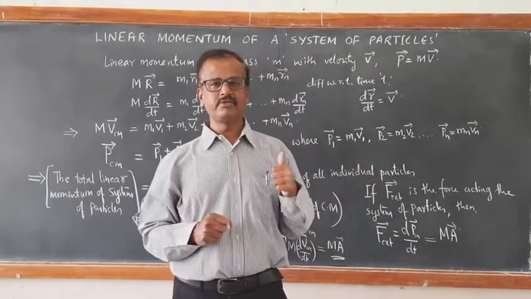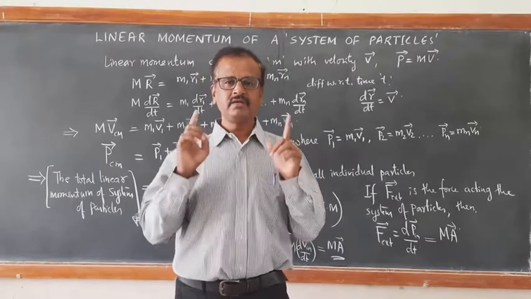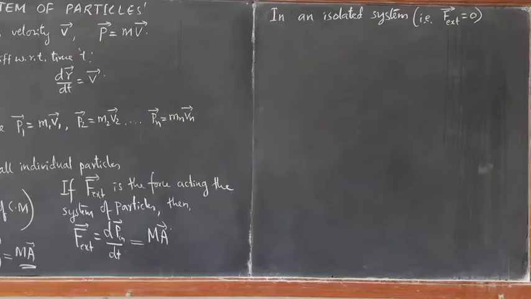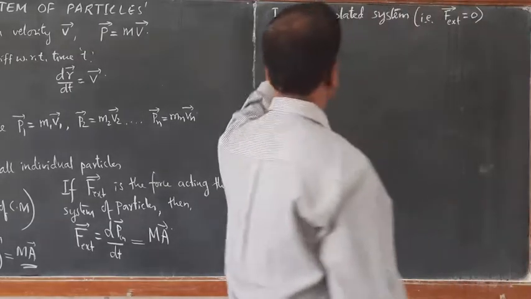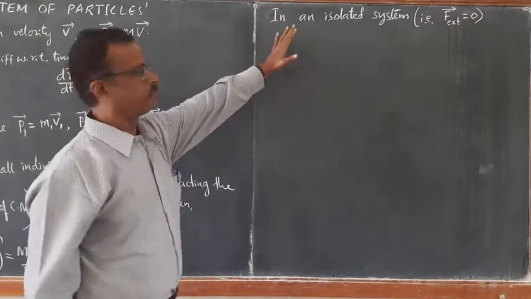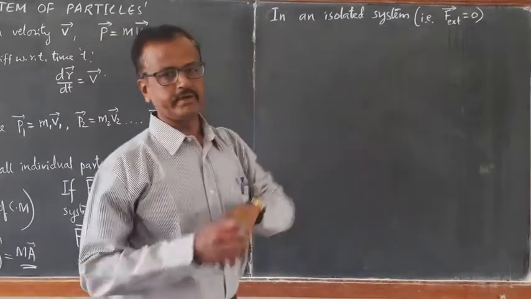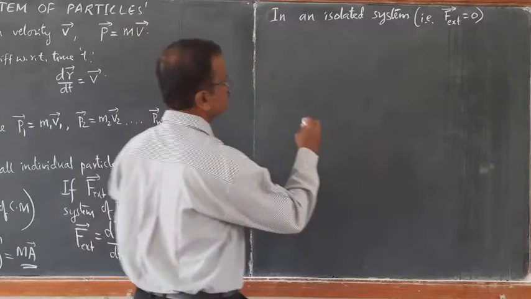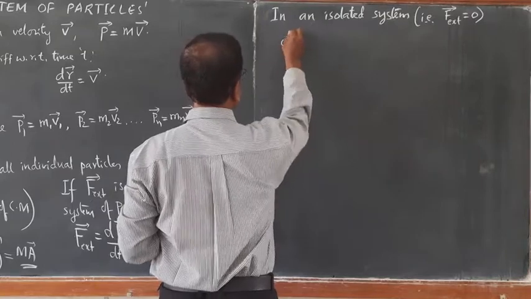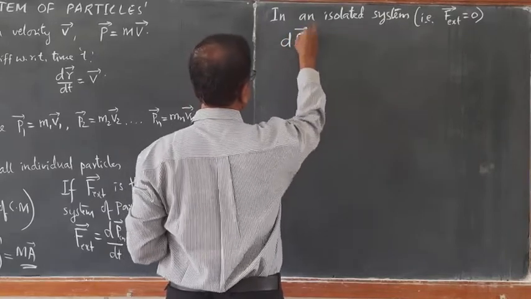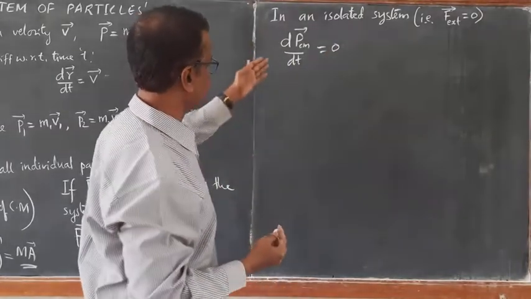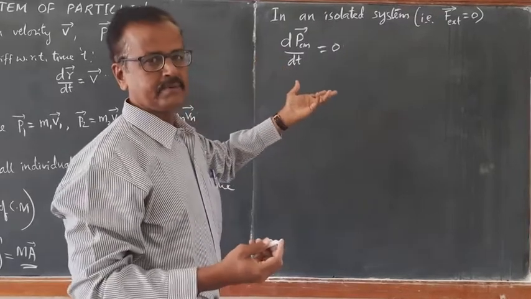Let us write the equation for conservation of linear momentum of system of particles. So look here, consider the system of particles is in an isolated system where there is no external force acting on it. When there is no external force acting on it, then F external is equal to 0. This implies dP by dt, which we just now got, dPcm by dt becomes equal to 0 because there is no force. Then this implies there is no change of Pcm with respect to time.